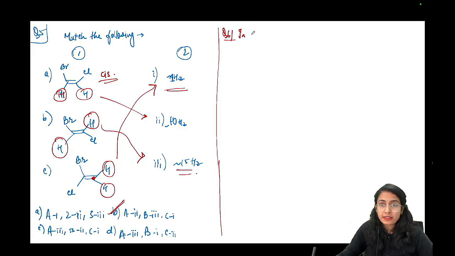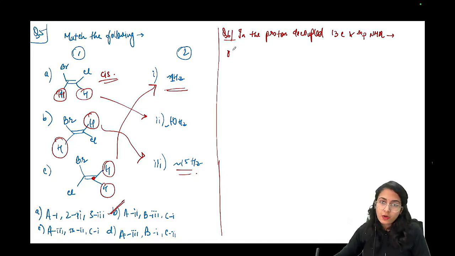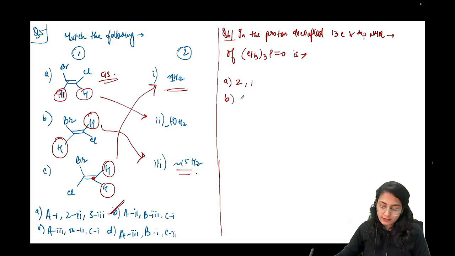In the proton decoupled, 13C and 31P NMR spectrum of CH3 whole thrice P double bond O is. ठीक है, आपको क्या फाइंड करना है? नंबर ऑफ लाइंस. 2 and 1, 1 and 2, 3 and 1, 2 and 2.